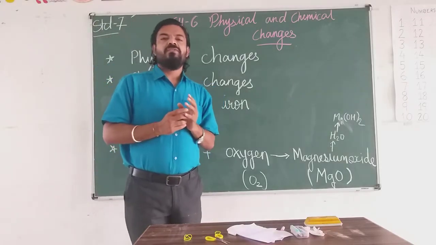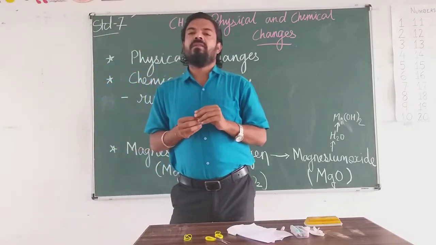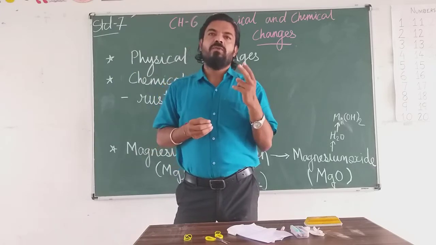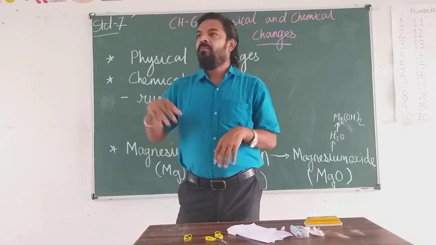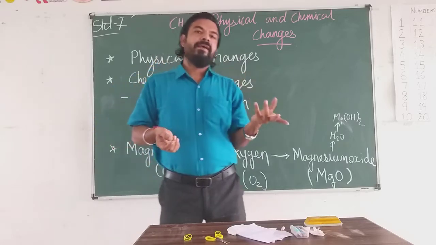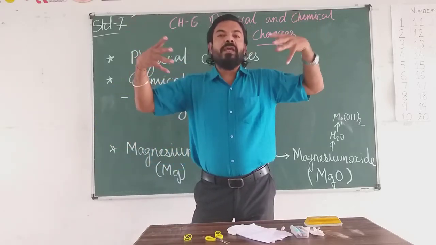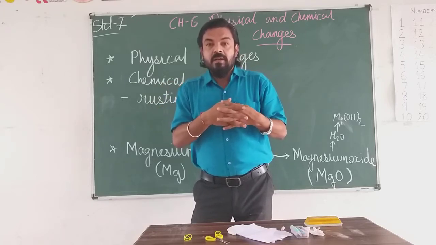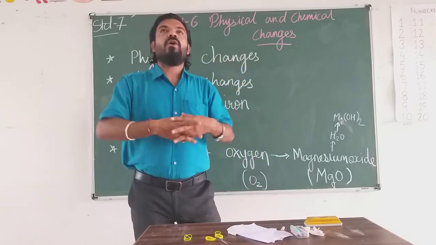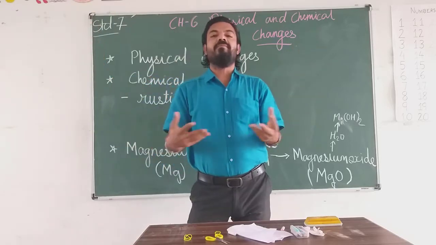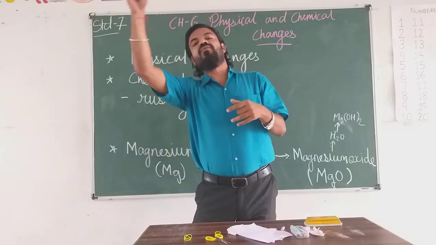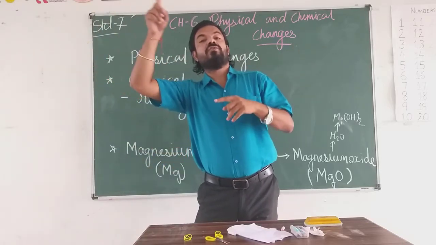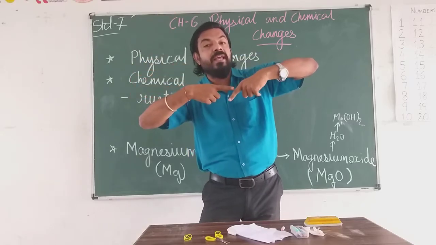Chemical change: a material, maybe a solid, maybe a liquid, maybe a gas, if mixed together, or mixed by the atmosphere, gives a new substance because of the reaction between them.